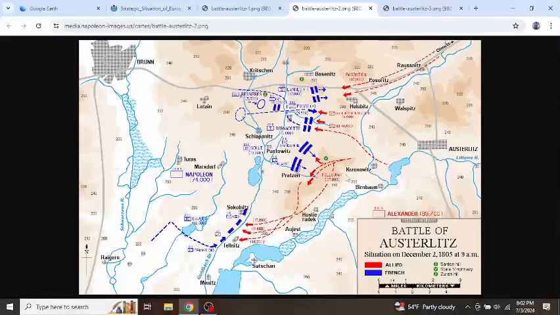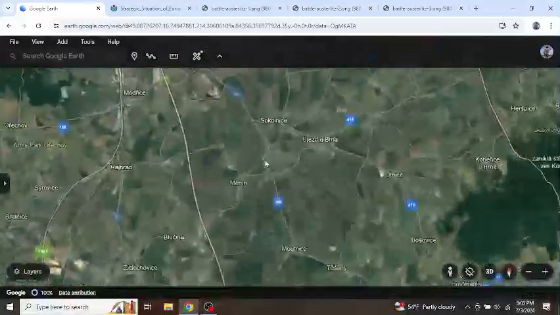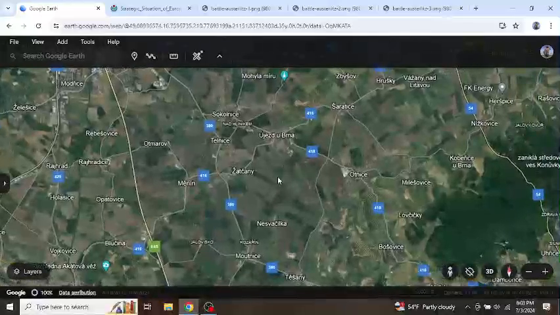Now the Pratzen Heights isn't super high, but he's back on the high ground, and now he is in his central position, in a position where he has cut off a portion of the Allied army, and he has the ability to attack in multiple directions. And then there's also this river here, called the Littawa River, which runs behind the battle. So I can zoom into that fairly easily.